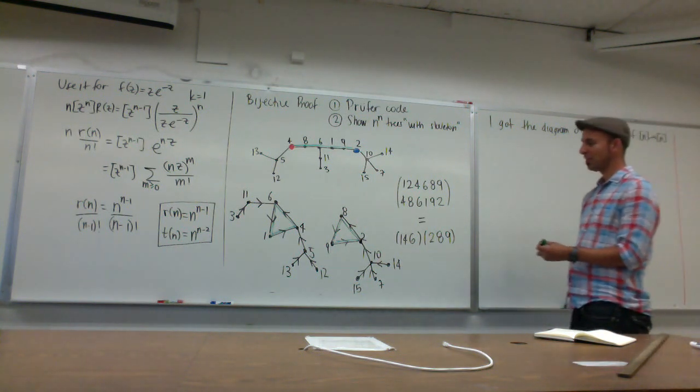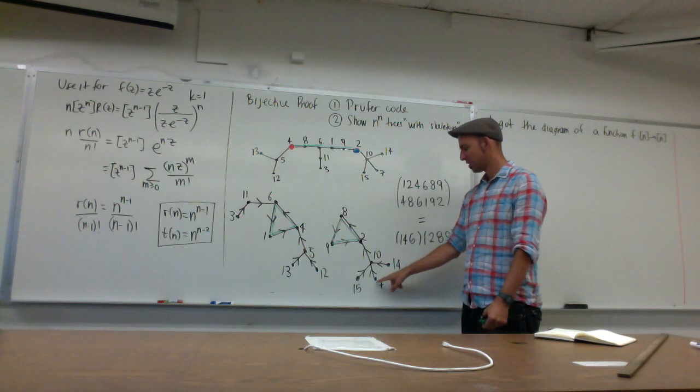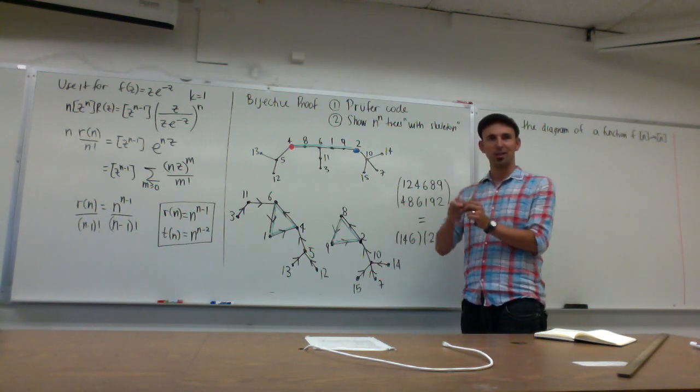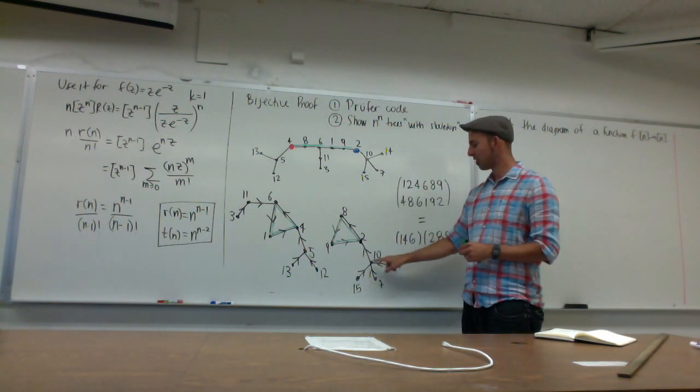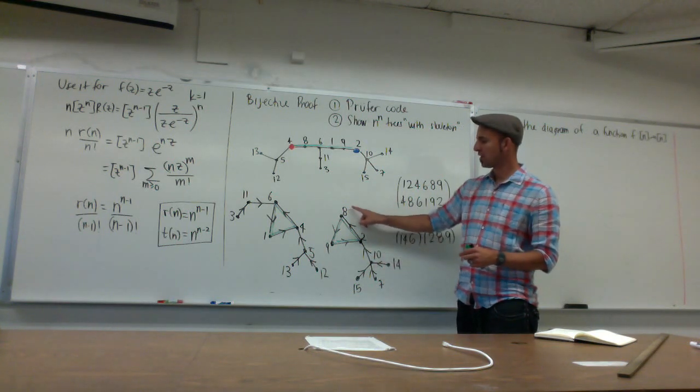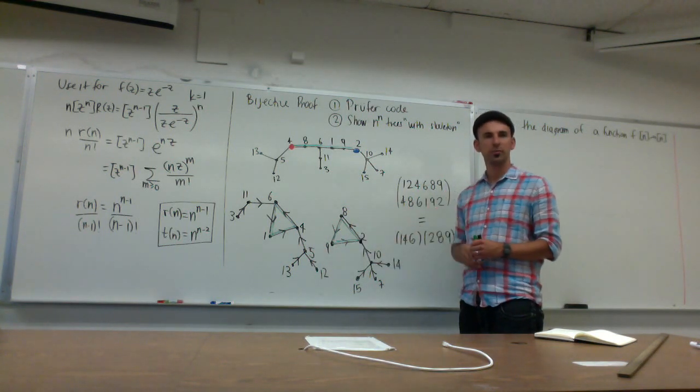What is the function? It's the function that sends the tail to the head. f of 7 is 10, f of 10 is 2, f of 2 is 8, f of 8 is 9, f of 9 is 2.